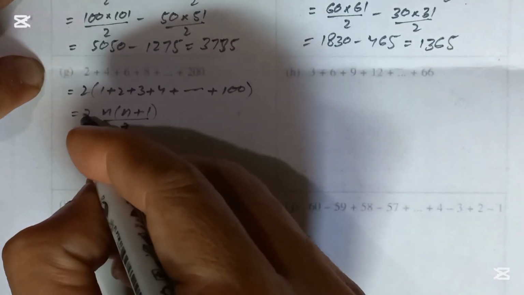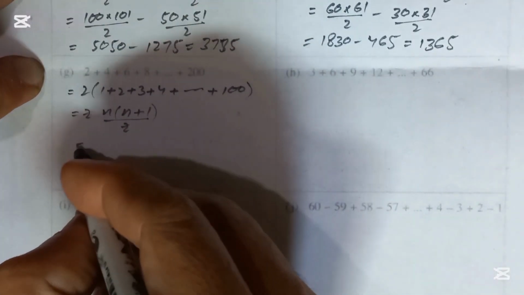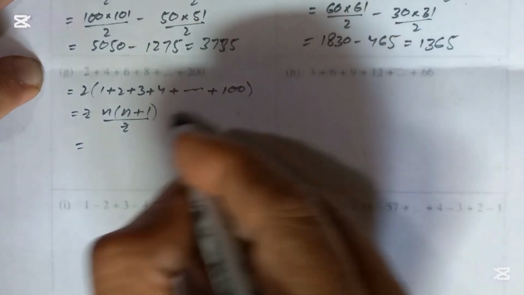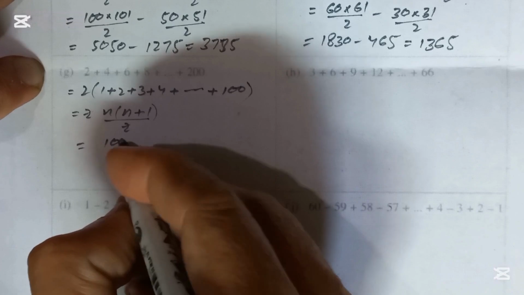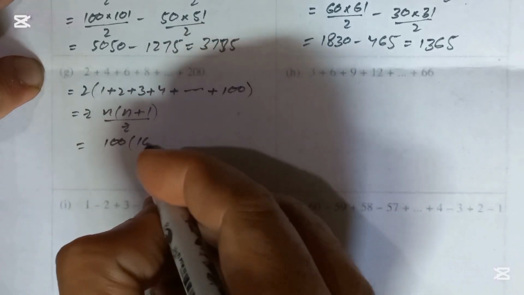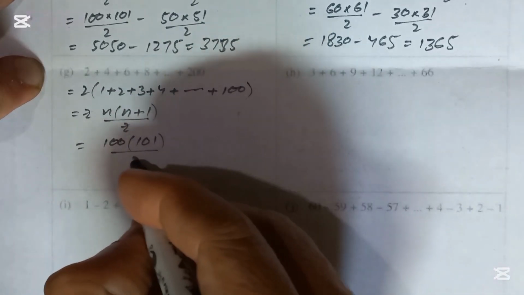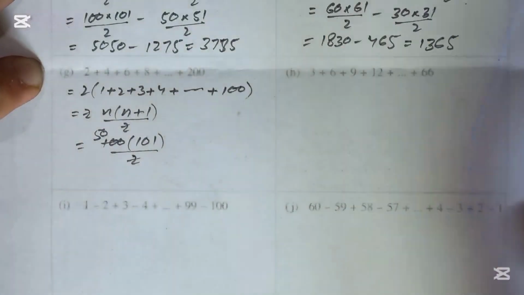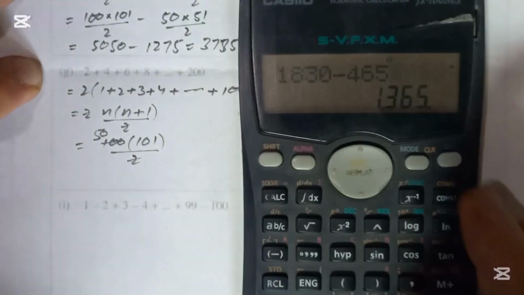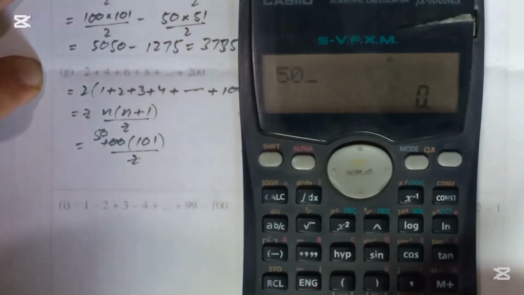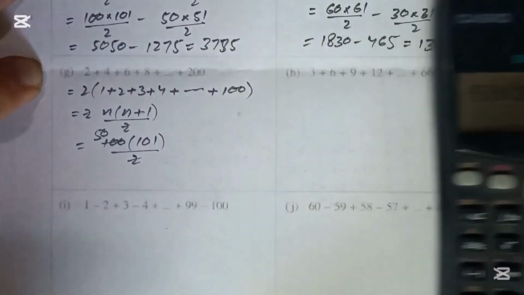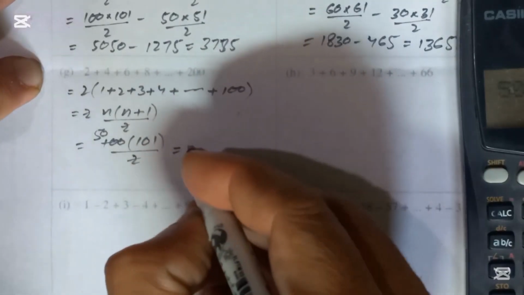This 2 will be cancelled, and n is 100 terms, so n equals 100, and in the bracket that makes 101 over 2. So 2 50s are, and 50 into 101 will be equal to 5050.